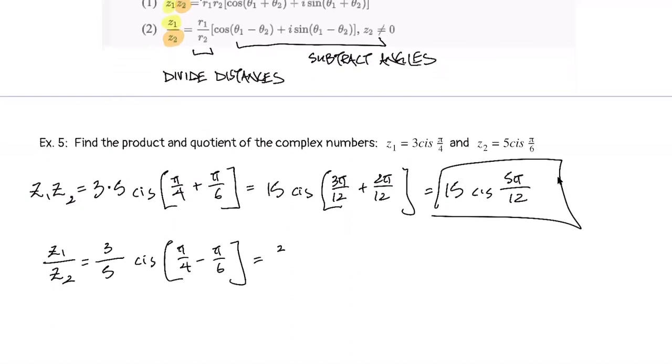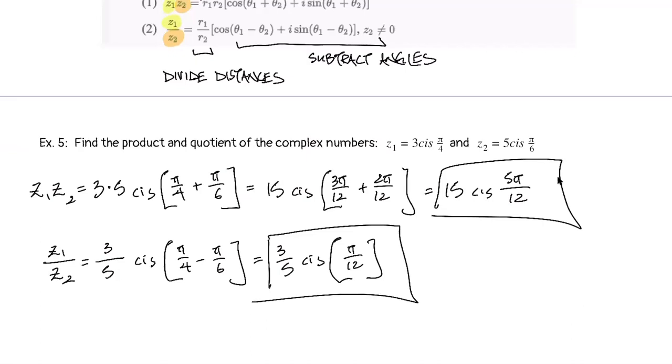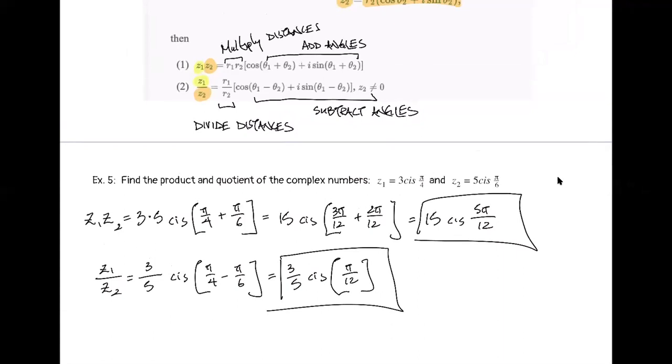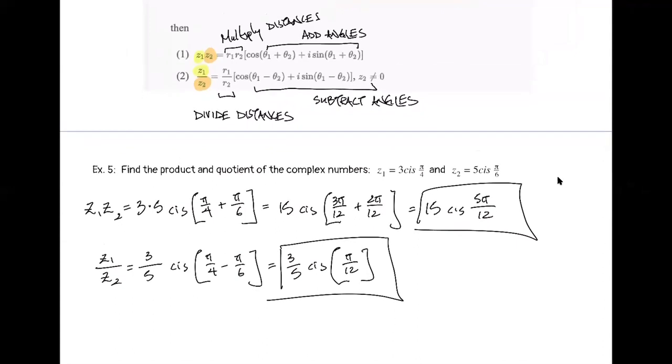And so that gives us 3/5 cis of pi over 12 once we combine our fractions after getting a common denominator. Okay. So nothing super special here, just a good formula to know that allows you to multiply and divide more easily with complex numbers.